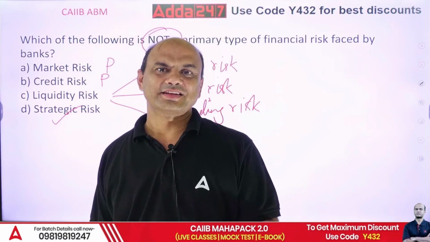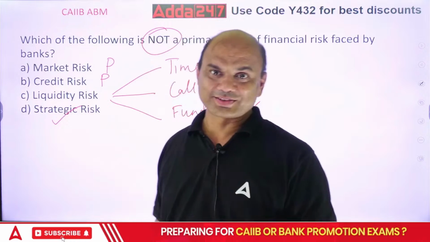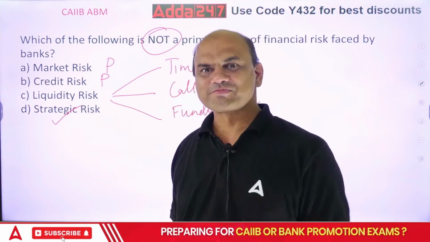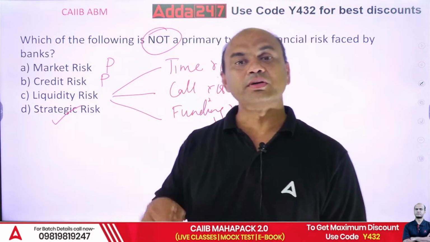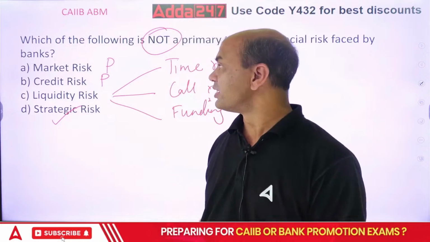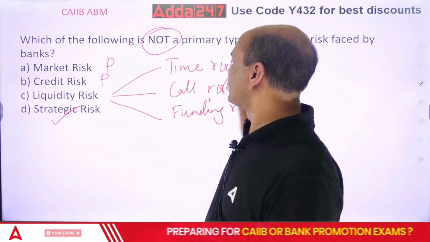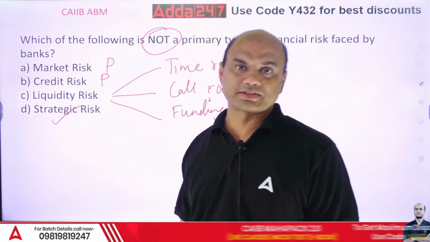Single screen theaters. Where are they now? Gone. Strategic risk. Long term thinking not there. Where the world is changing, you are not changing. If you don't change, you are gone. So that is not a part of your financial risk. This is a long term business risk. This is called business risk. Okay?